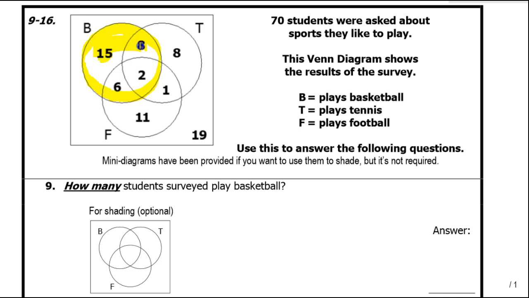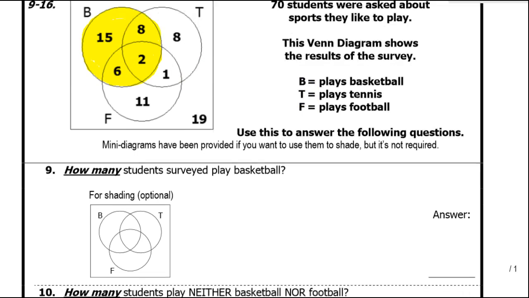So that means that all of these numbers represent students who play basketball, even the ones that are also in other circles, meaning that they play other sports too, but they must be counted if I say how many students play basketball. So let's see, 8 and 2, that's 10, plus 15 would be 25, plus 6 would be 31. So 31 students play basketball.